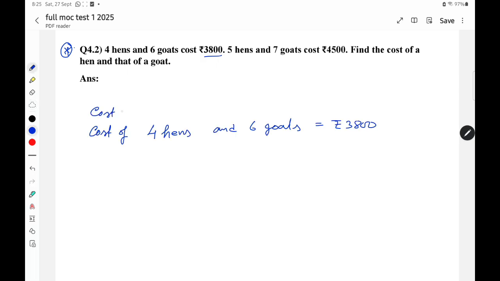Cost of 5 hens and 7 goats, rupees 4500.